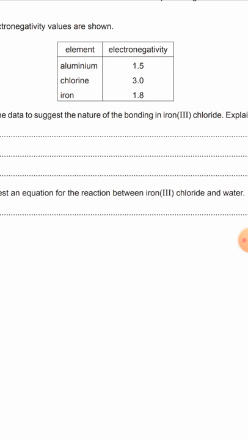You would say that the difference is smaller than 2, so the bonding between iron and chlorine has to be covalent. And you must also remember that covalent oxides or covalent chlorides, except CO and H2O, are all acidic in nature.